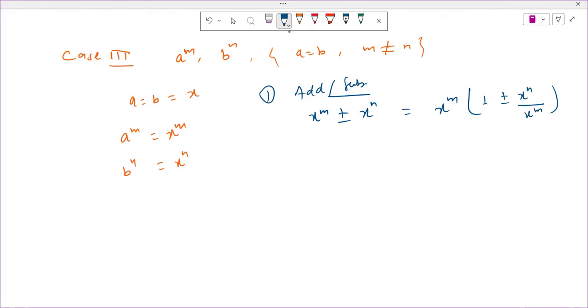From the previous property you can write this thing as 1 plus or minus. Now things are very interesting here. See, you have x to the power n minus m, right? We will discuss this thing later. So addition and subtraction can proceed with this step. Let's discuss multiplication and division.